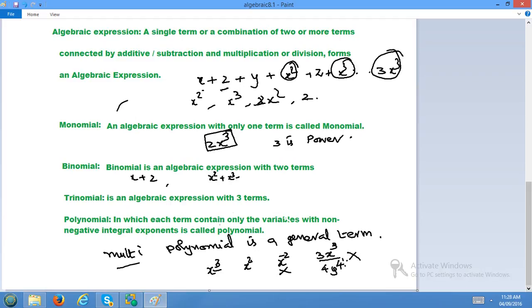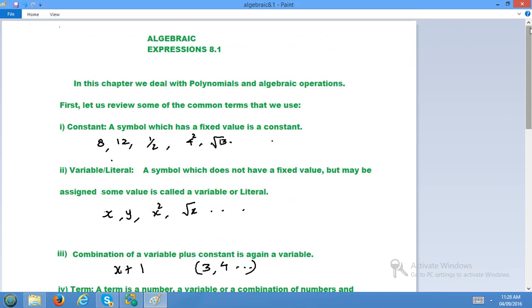These definitions we'll go through again. We use algebraic expressions, so whatever is happening, we are expressing in terms of variables or constants. We apply plus, minus or multiplication.